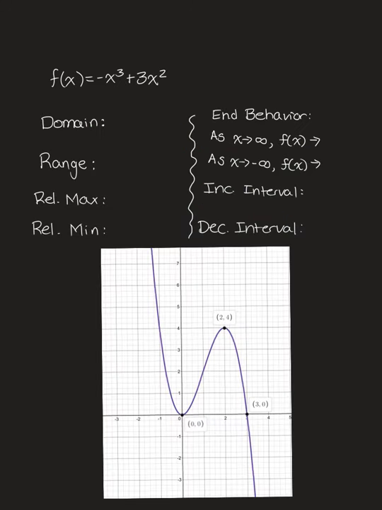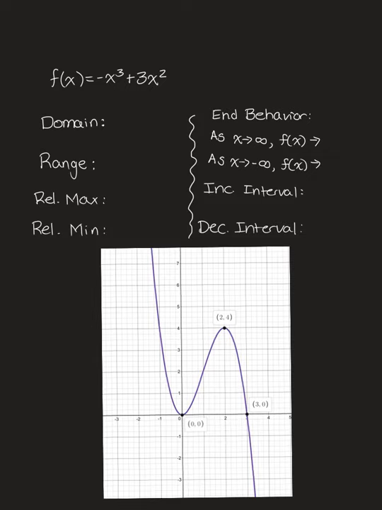All right, so let's look at f of x is equal to negative x cubed plus 3x squared. Again, I recommend graphing this on Desmos. So you want to find all of these different features. So domain, range, relative max and min, end behavior, increasing and decreasing intervals.